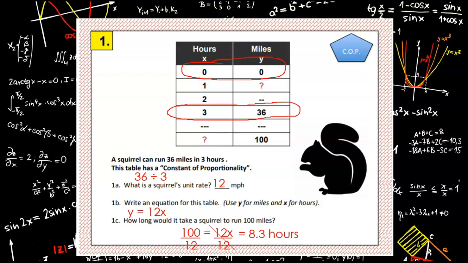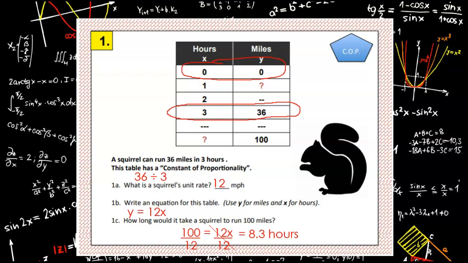For 3 hours, the squirrel can run 36 miles. So 36 divided by 3 is 12. As an equation, that is written y is equal to 12x. 12 is my slope, so your slope and constant of proportionality are the same thing there.